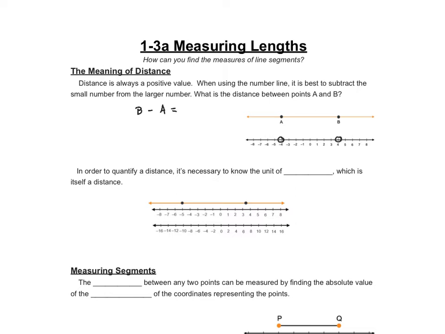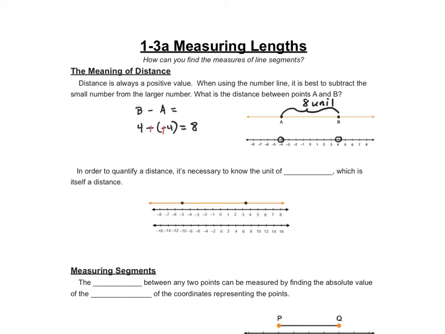We end up with 4 minus negative 4, which is, negative times negative gives me a positive, 8. So the distance between point A and point B is actually going to be 8 units.